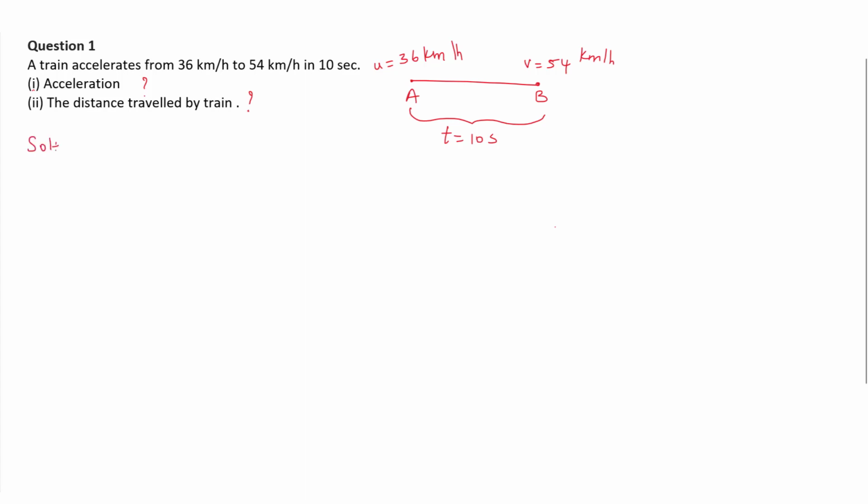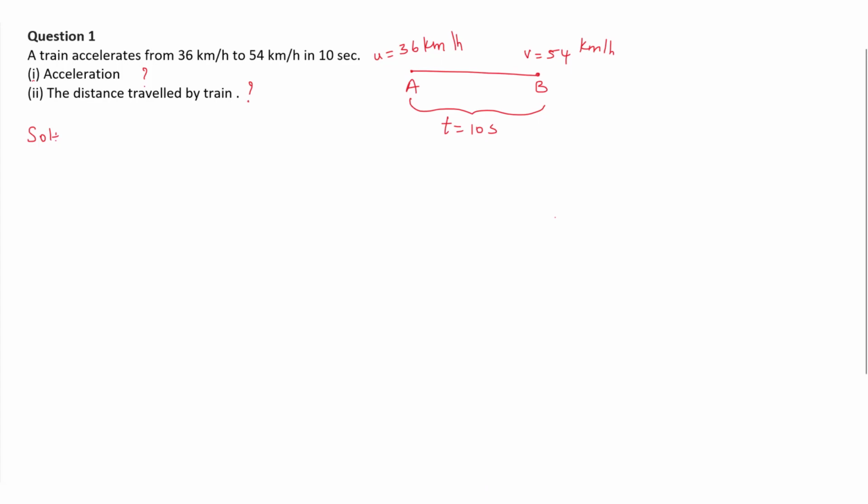The first thing you have to do when you solve numericals is to check the units. This is in kilometer per hour, whereas this is in seconds. So I'll have to change my kilometer per hour to meter per second. So u, which was 36 kilometer per hour, has to be changed to meter per second. I'll multiply by 5 by 18.